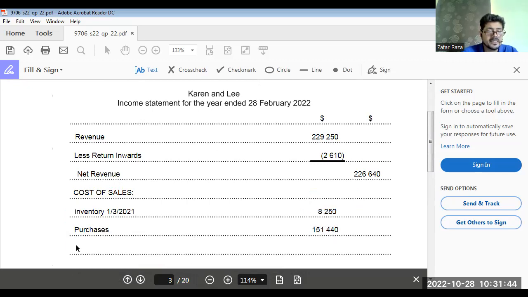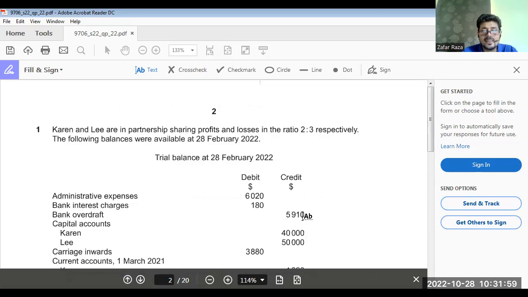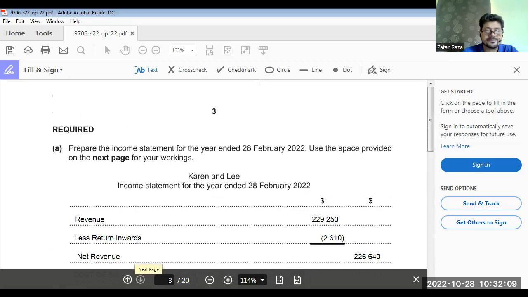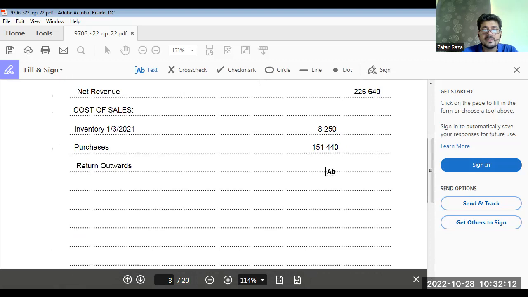Then we have to deduct purchase returns or return outwards. I'm using the word return outwards. And that amount was rectified. Yes, here it is, 3,520.